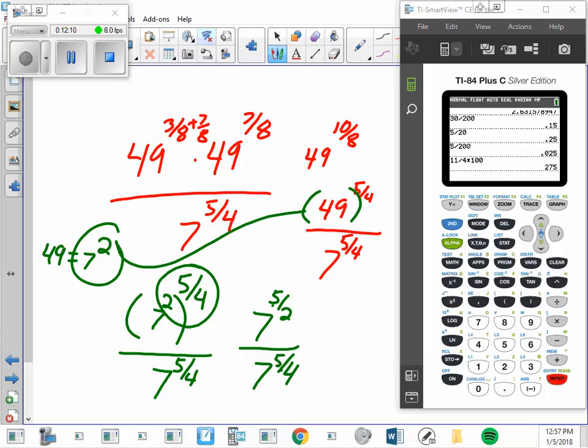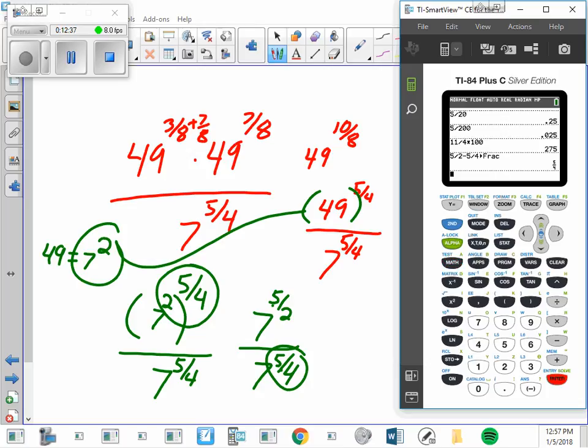So what's 5/2 minus 5/4? 5/4. Right? This one is half as big as the top one. Right? 5/2 is twice as big as 5/4. So it takes two 5/4s to make one 5/2. And if you forget that, it's fine. Just do 5 divided by 2 minus 5 divided by 4, math fraction, and you'll get 5/4.